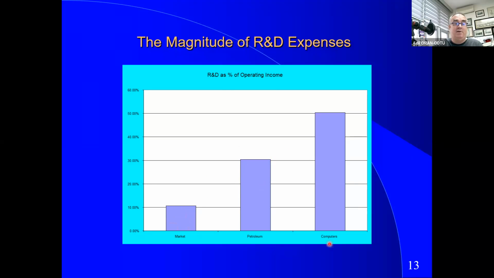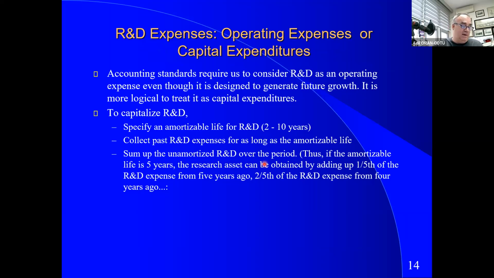So they spend about 30%. But look at the computer industry: about 50% of EBIT gets spent on research and development. So quite high numbers, and this will probably have significant effects on the numbers that we need to use.